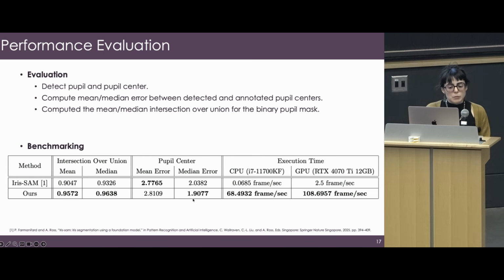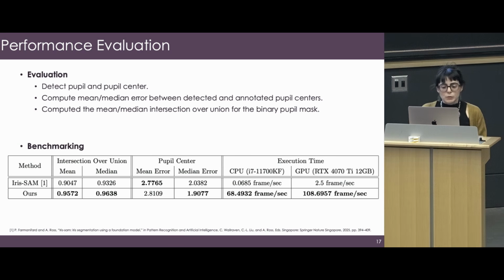And for both the mean and median, we outperformed them. We were able to create more accurate masks. AreaSAM performed slightly better when comparing the mean error, but when removing all of the outliers, we actually got a significant advantage in the median error for the pupil center.